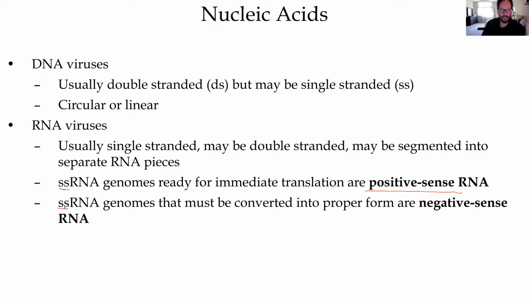However, if it's a single-strand RNA genome that is negative sense, it has to be transcribed into the complementary sequence, which is then the positive sense, and from there translated into proteins. So negative sense RNA viruses have an additional step they need to do before they can start setting up their factory and pumping out new viral particles.